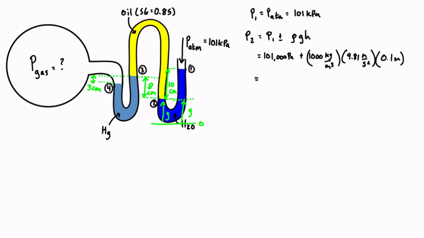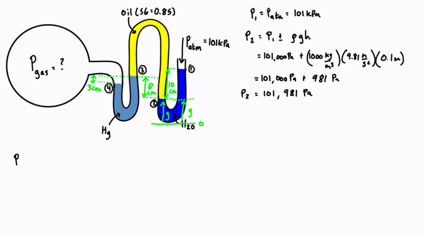When that simplifies, we're left with 101,000 from the first term, plus the second term, which is 981 pascals. So P2 is the sum of those, which is 101,981 pascals.